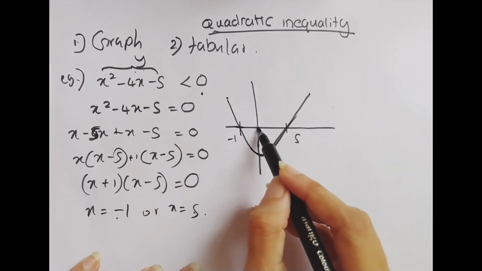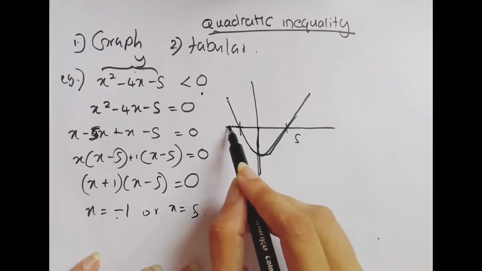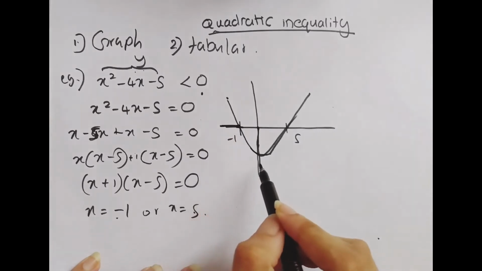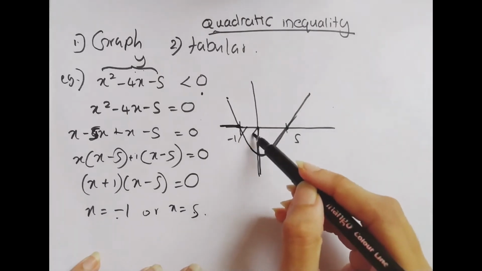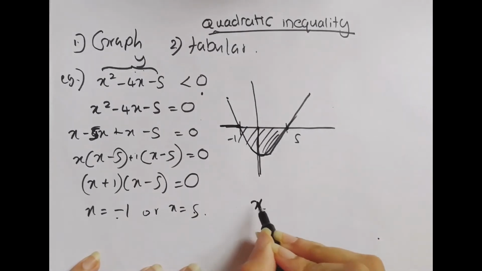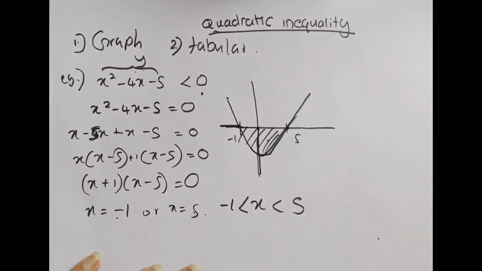The graph has y equal to 0 at this point and at this point, so only this region has y negative. Then you can say that when x is between minus 1 and 5, y is less than 0. So this is the graphical method.